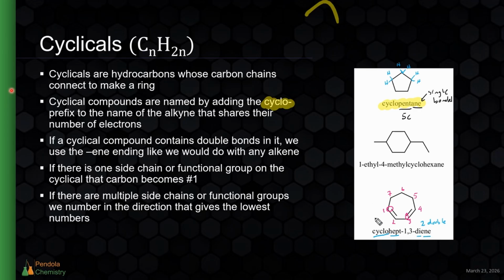And then cyclohept tells us it is cyclical. So we always number so that we start with the lowest numbers, and then we go around the ring in that way. So yeah, that's cyclohept-1,3-diene.